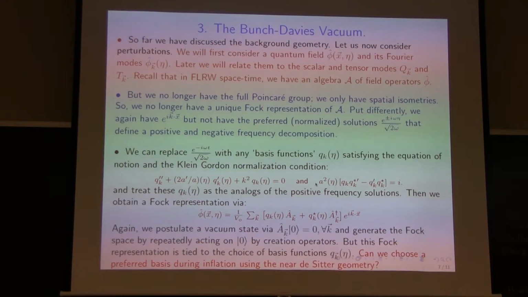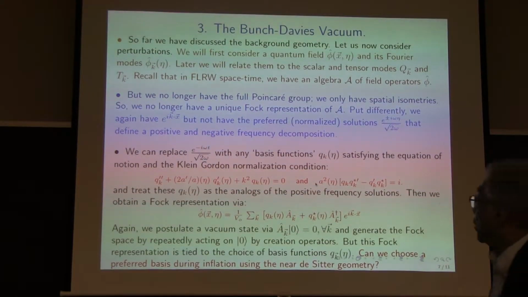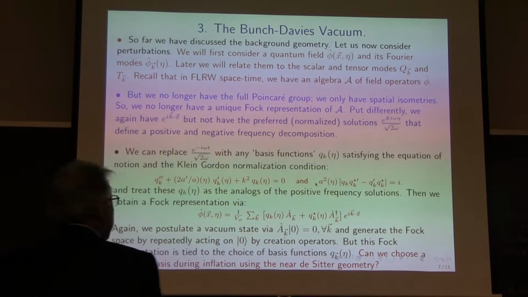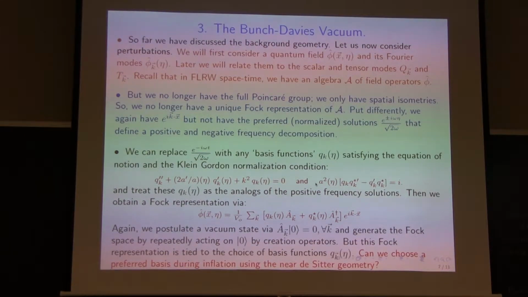Now finally, the Bunch-Davies vacuum, which we already did, so I'll be quick here. So far we have described the background geometry. Now let us consider perturbations. What we now want to do is to consider perturbations, described by a quantum field phi of x, as we did in the class, and its Fourier modes, and later we'll relate them to the scalar and the tensor modes.